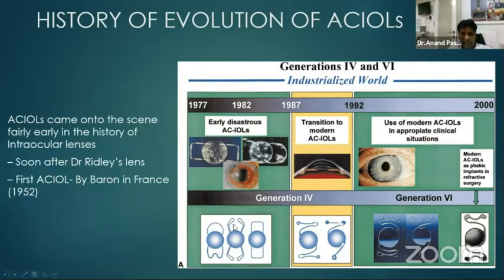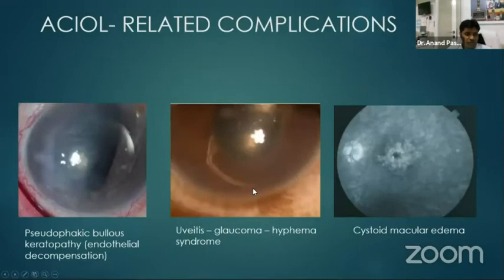The initial IOLs were closed loop haptic designs, and they had multiple complications like corneal endothelial decompensation, which led to pseudophakic bullous keratopathy, the uveitis-glaucoma-hyphema syndrome, raised intraocular pressures, and also cystoid macular edema.